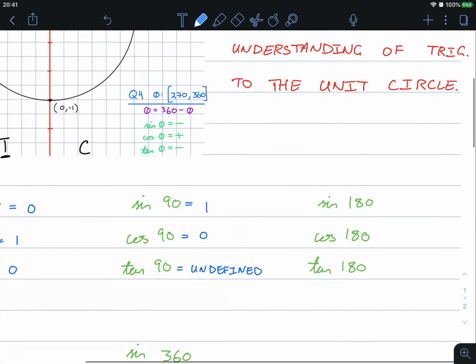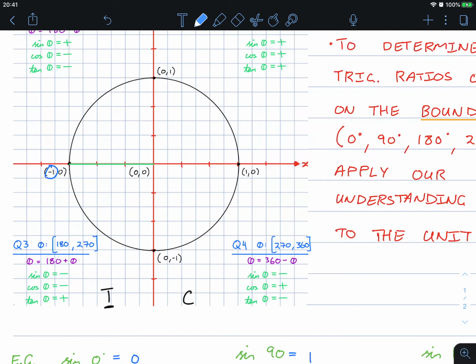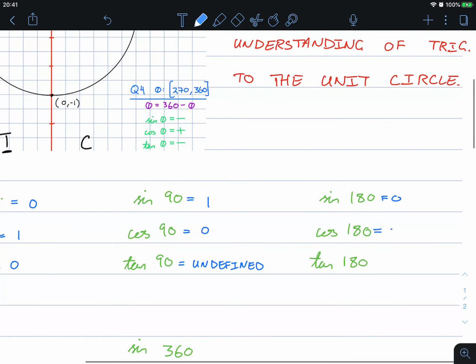So sine of 180 is 0. Cosine of 180, well, that's -1. Tan of 180, that's y over x, so 0 divided by -1. That's just 0.